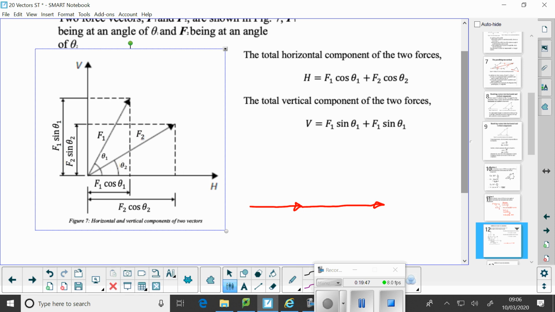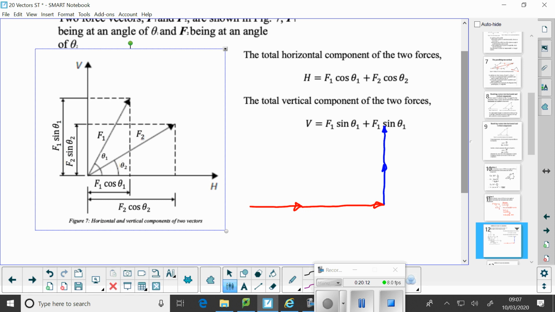And then we add together the two vertical components, the vertical component of F1 and the vertical component of F2. Effectively what we're doing is adding together horizontal components and vertical components.